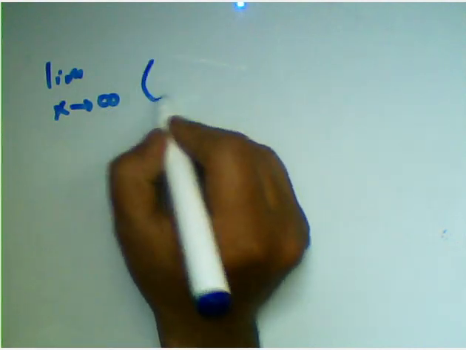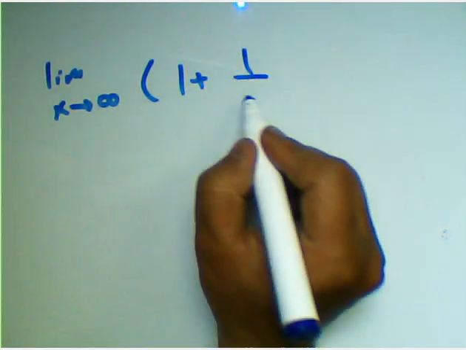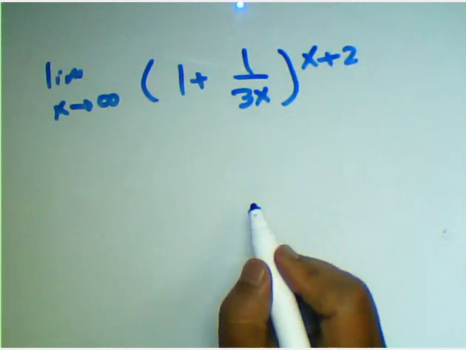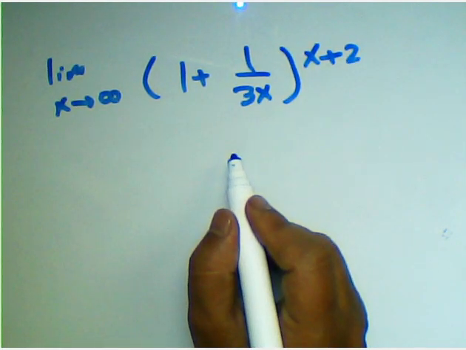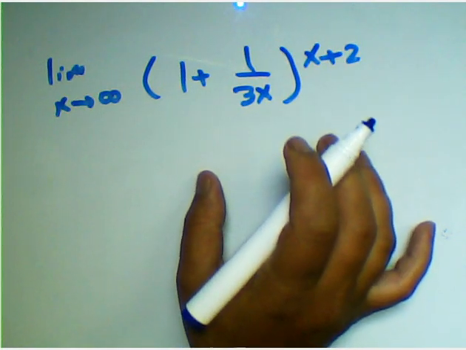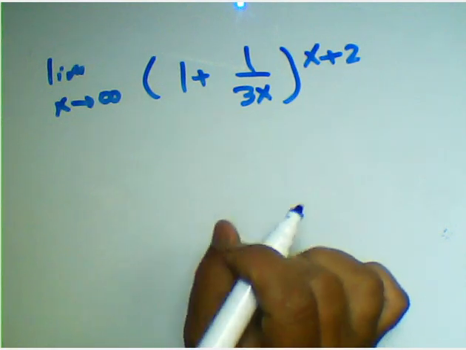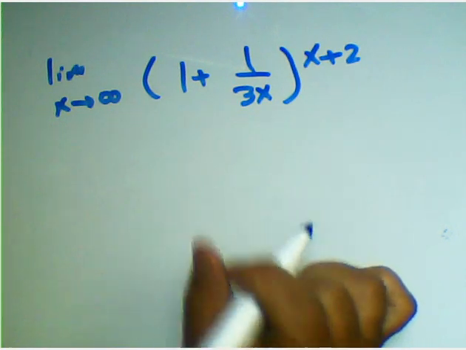The limit when x approaches infinity of this function (1 + 1/(3x))^(x+2). We can find the result of this example by two methods. I solved this example two minutes ago, but now I will solve it by another method.